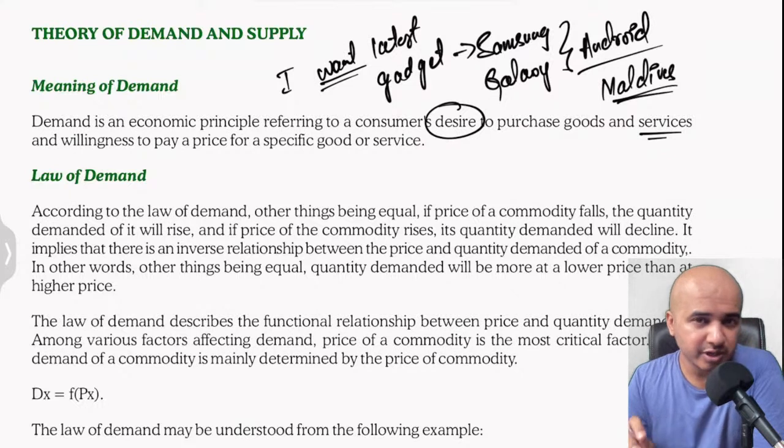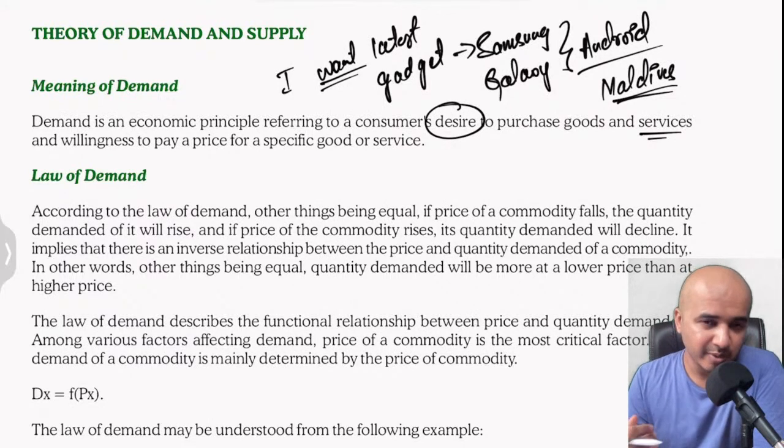If it is only limited to desire, then it won't be a demand, because I may desire 100,000 things, but am I ready to pay for all those 100,000 things? Of course not. We would have heard this statement often: wants are unlimited, but the means through which we can satisfy those wants are always limited.